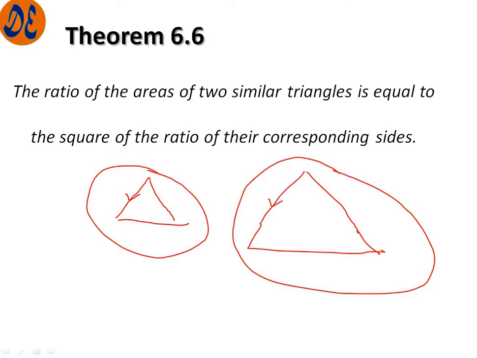If we take side 1 of this one, we will have to take side 1 of the other one. If we take side 2, this side must be taken. If we are taking side 3, the third side must be taken. So for any corresponding pair, the square of the ratio of the sides will be equal to the ratio of the areas of the triangles.